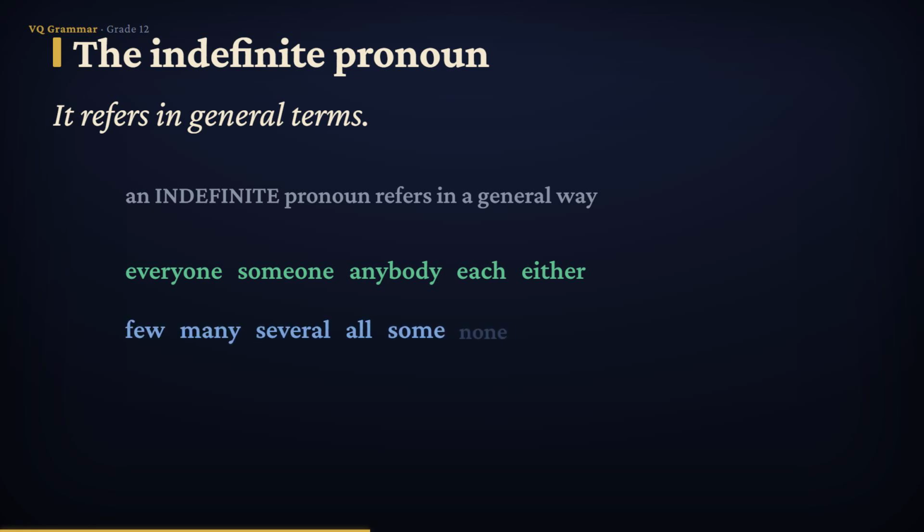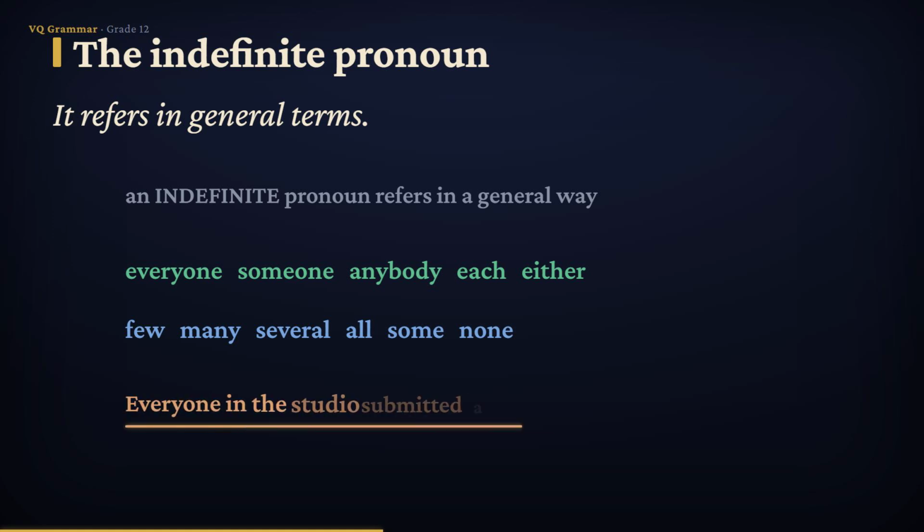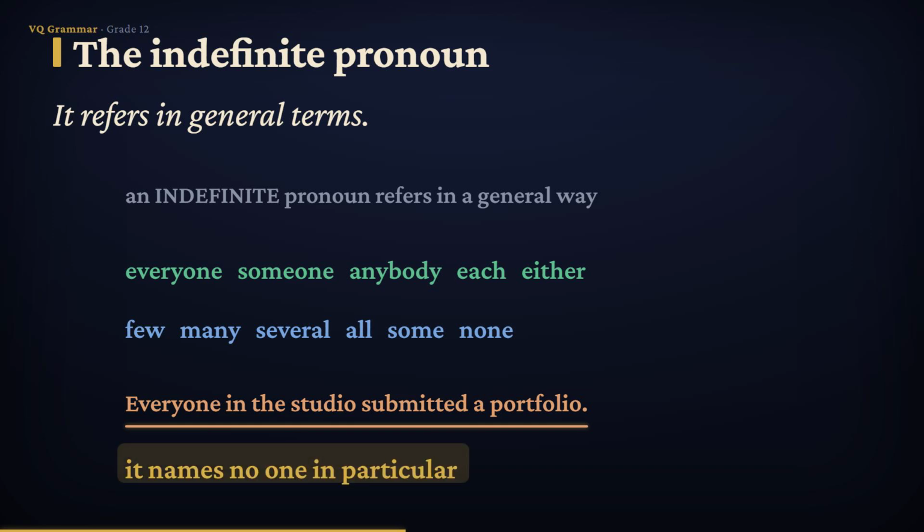Also, few, many, several, all, some, and none. Listen, everyone in the studio submitted a portfolio. The word everyone gathers up the whole group without naming a single person. That's the signature of an indefinite pronoun. It points at people or things, but names no one in particular.